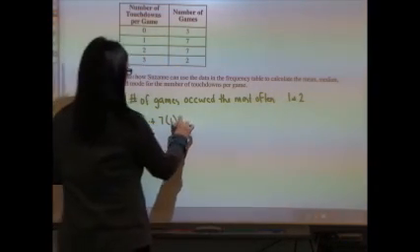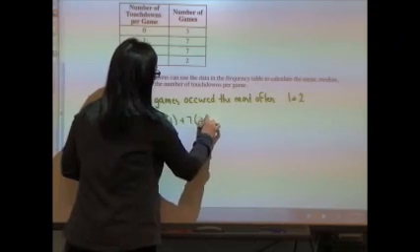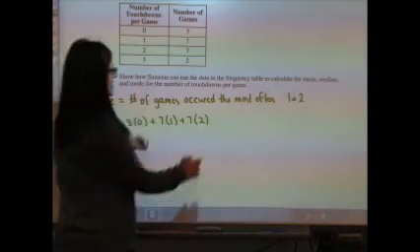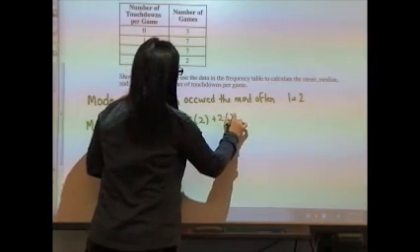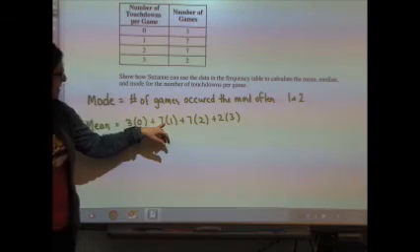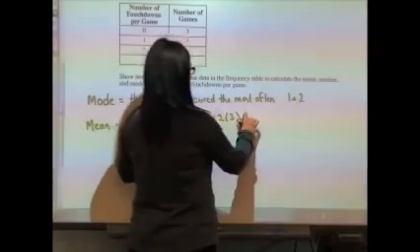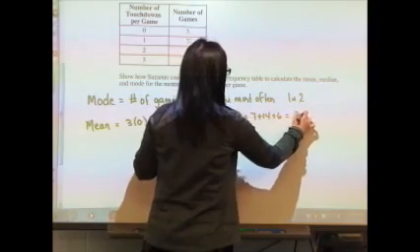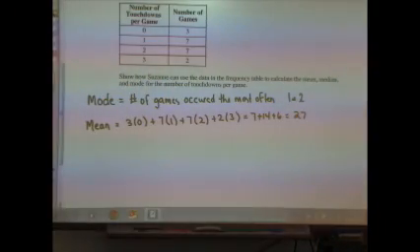7 games with 2 touchdowns each. So that would give me 14 touchdowns. And 2 games with 3 touchdowns. If I go through and add these together, I've got 7 plus 14 plus 6. That's still the 27 that I got above.